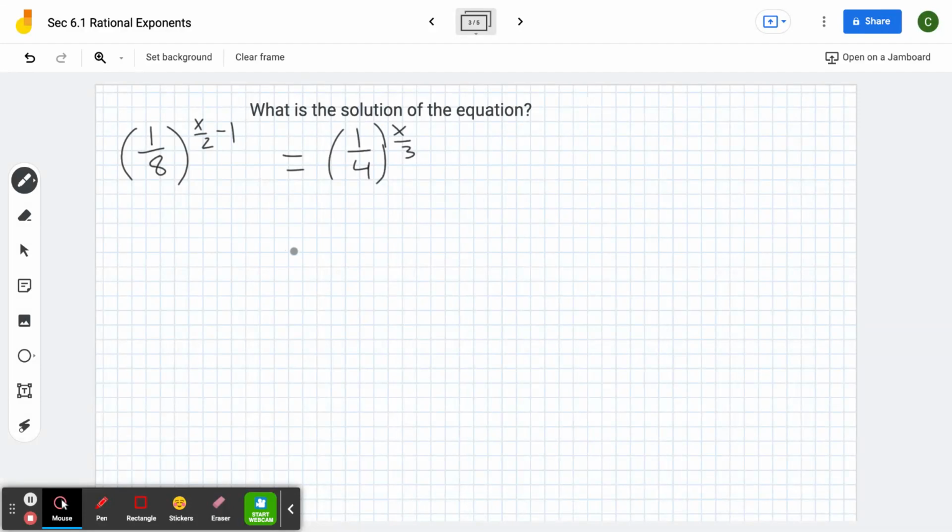Okay, so let's think about this for a second. So we want our bases, our fractions, to be the same.